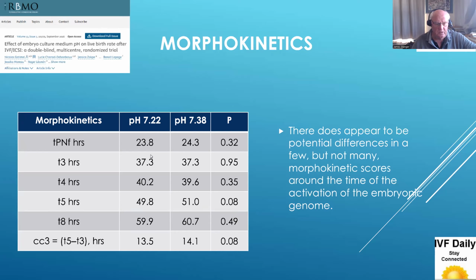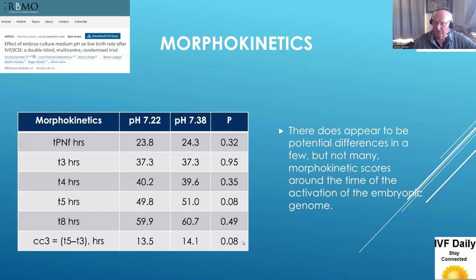And so there's no difference there, no difference at the 4 cell stage, but there is this difference at the 5 cell stage. This is where you get the 4 cells, and then the next division goes 5, 6, 7, 8 really quickly. And after you get to 8, then you start to get compaction. And so the value of 0.08 here does suggest that the embryos are dividing just a little bit faster in lower pH, and the time from 3 cell stage to 5 cell stage, which is one of these metrics, does suggest 0.08 is not nothing.